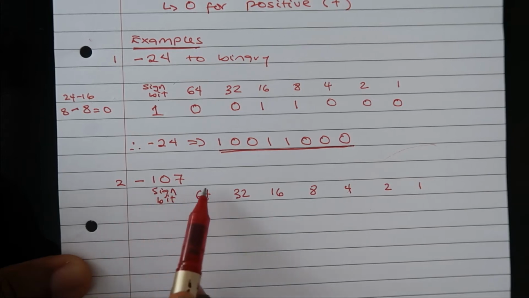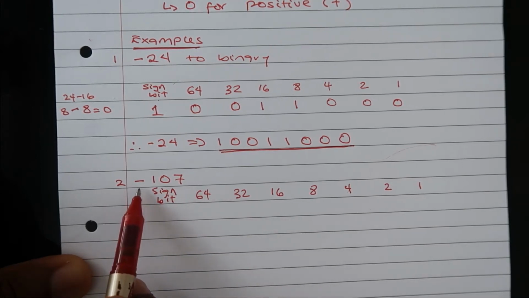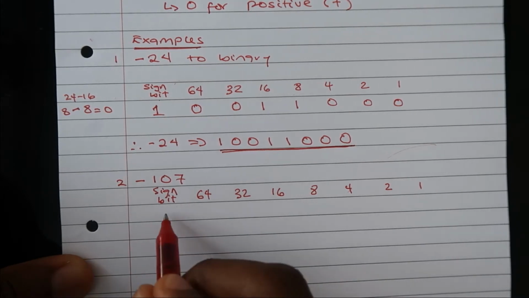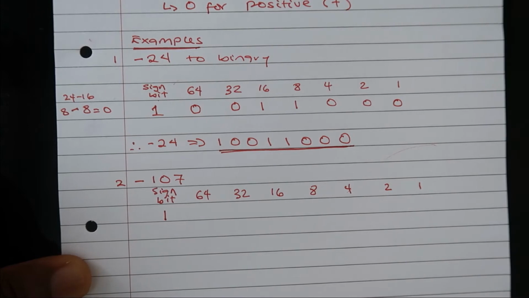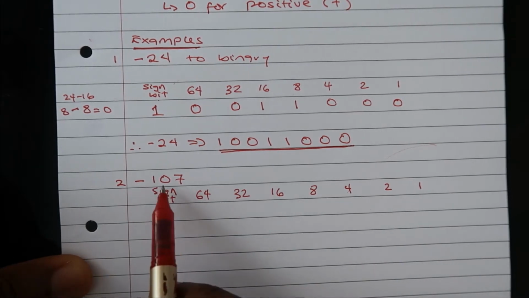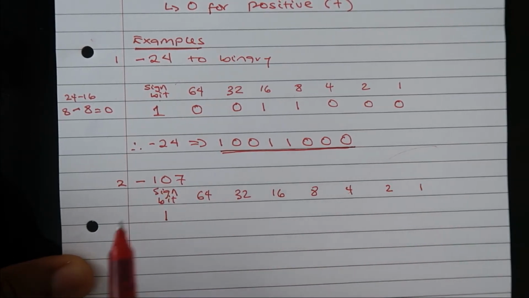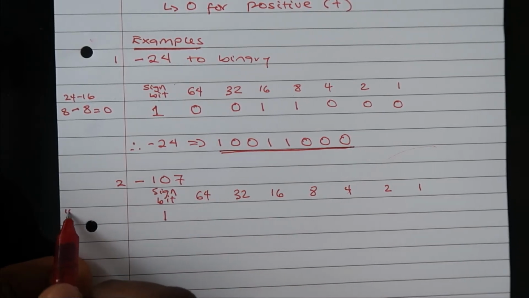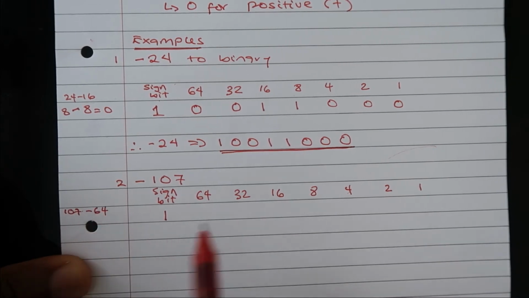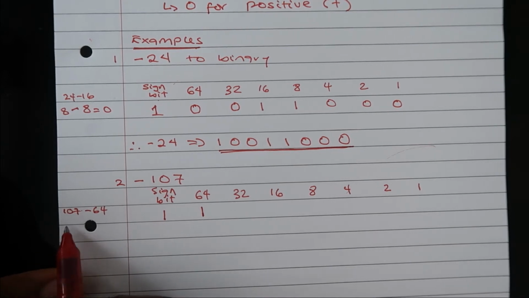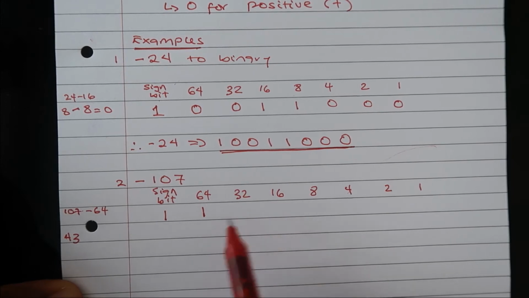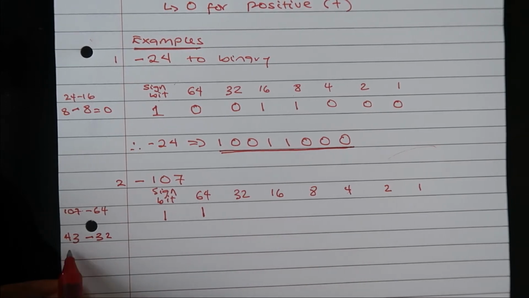Looking at minus 107, we know the sign is negative, and if it's negative, we've said it has to begin with 1, so put the 1 there. And we convert 107 to its binary value. So 107 is bigger than 64, so I'll say 107 minus 64, so I'll put the 1 there. 107 minus 64 gives me 43. 43 is bigger than 32. 43 minus 32 gives me 11.